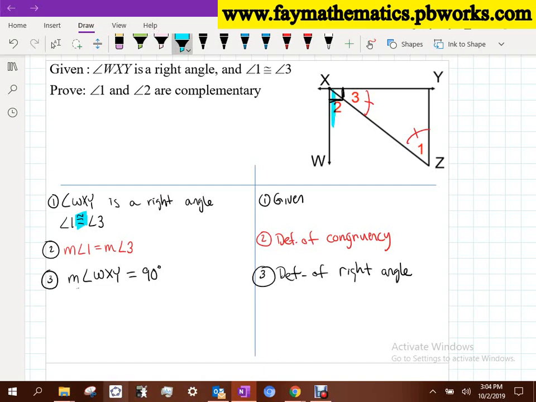But one idea that we are going to concentrate on and use a lot is the fact that those two angles are adjacent to one another, right? Can I add those two angles together to get that angle there? So I'm going to say step 4, that the measure of angle 2 plus the measure of angle 3 is equal to the measure of angle WXY.